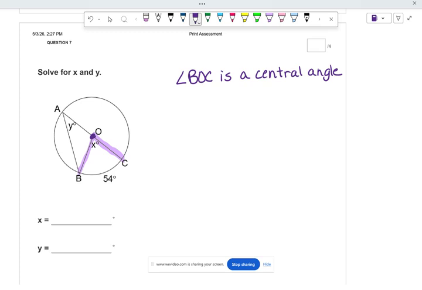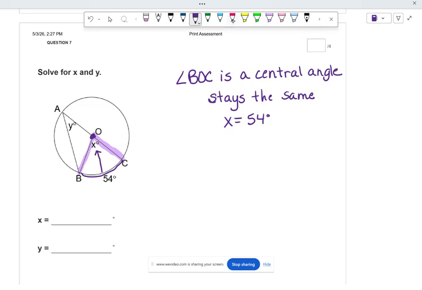The slogan is, take it to the center, it stays the same. All right, since arc BC is 54, when we take it to the central angle, it stays the same. So x equals 54 degrees.